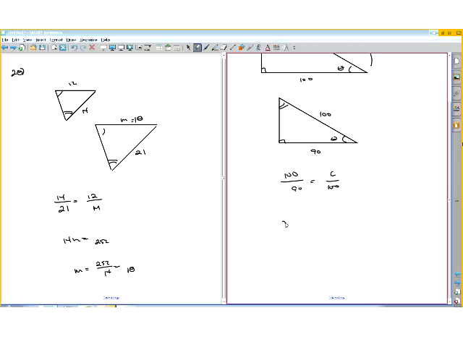So what we get is 90C is equal to 10,000. 100 times 100 is 10,000. So C is equal to 10,000 divided by 90. And so if we do that, 10,000 divided by 90 is 111, and then we have 0.111, which would be 1/9. So it's 111 and 1/9. That's the answer.